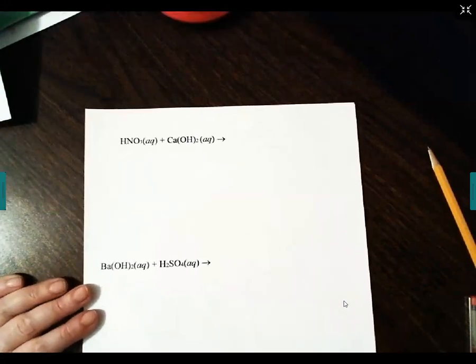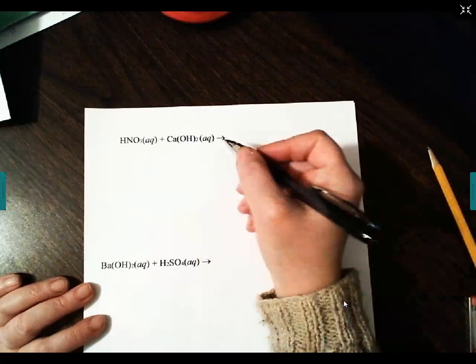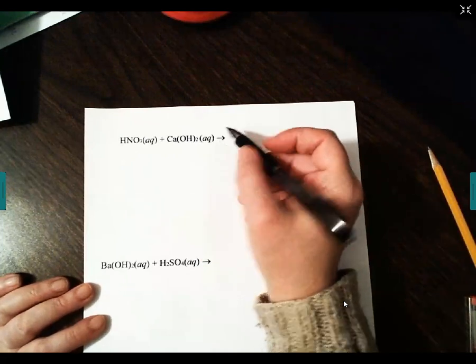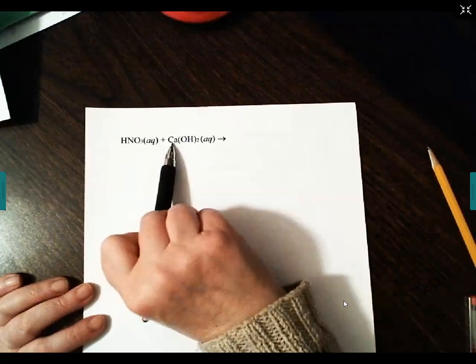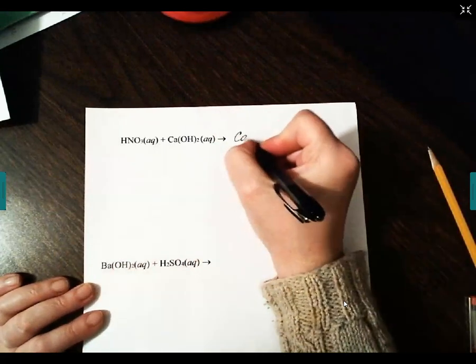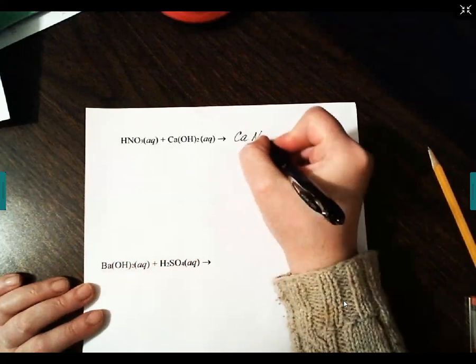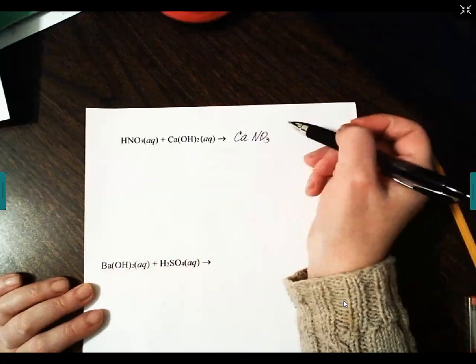Neutralization reaction. It is one of the subtypes of double displacement reactions. We should combine again the second cation with the first anion. So the first product is calcium nitrate. Calcium is +2, nitrate -1.